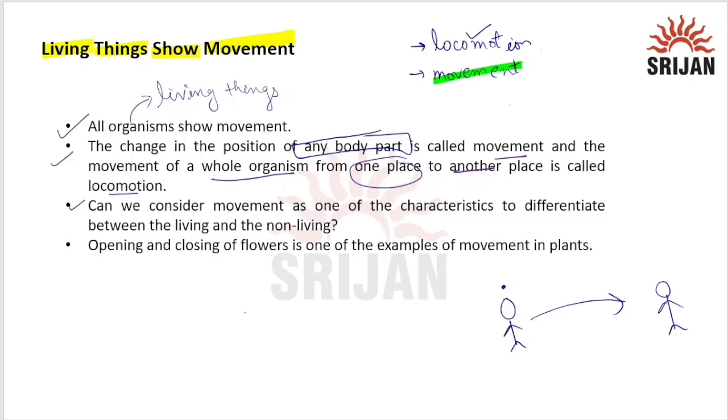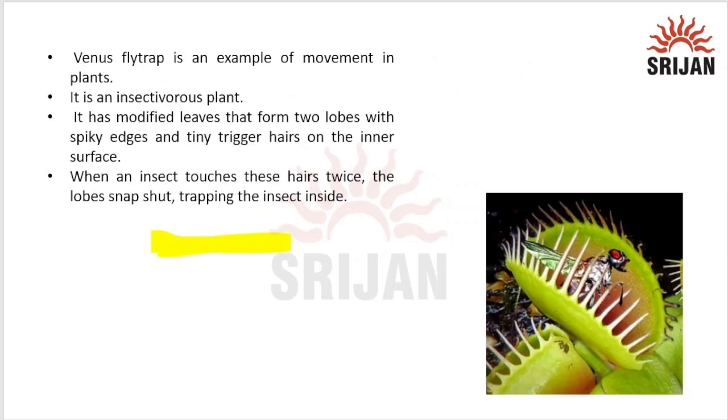Now, we will discuss the case of movement in plants. The very first example is opening and closing of flowers. The next example is the Venus flytrap. So, Venus flytrap is an example of movement in plants.